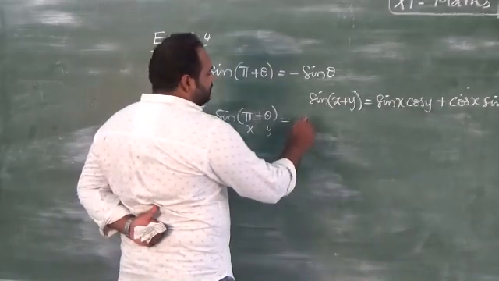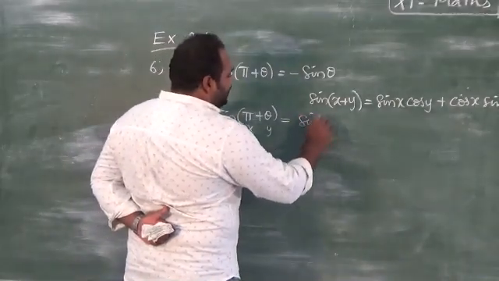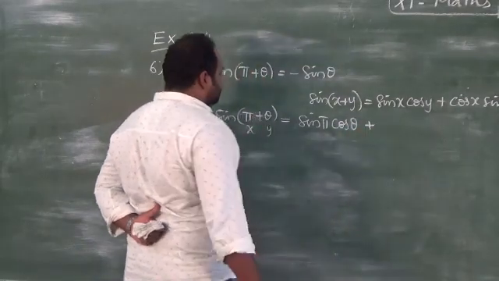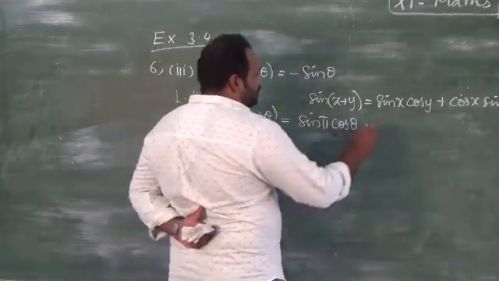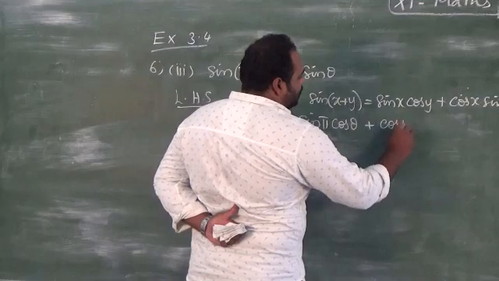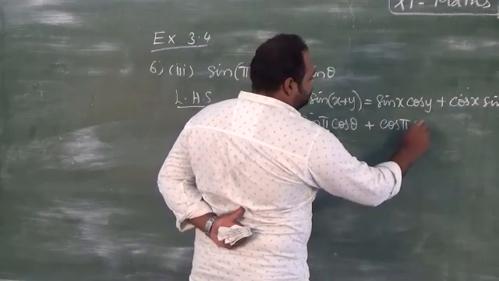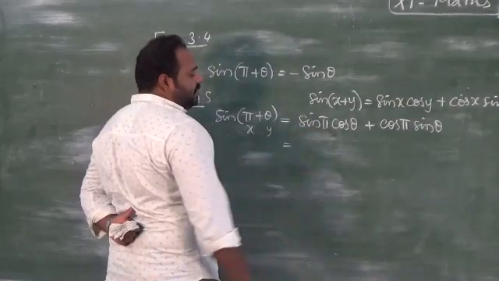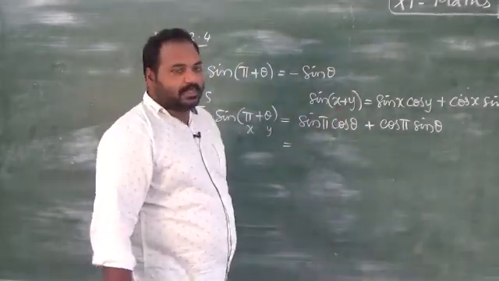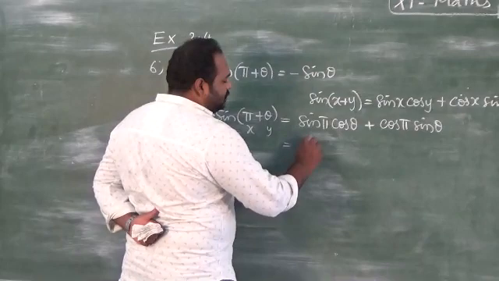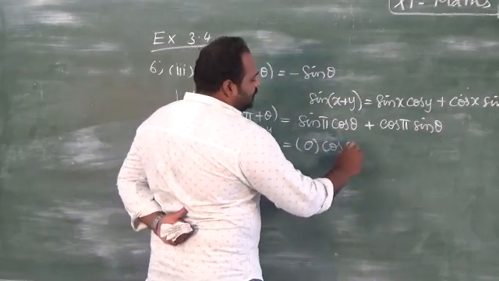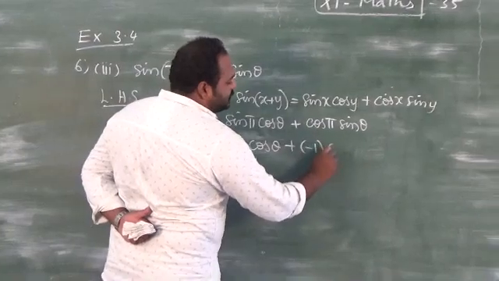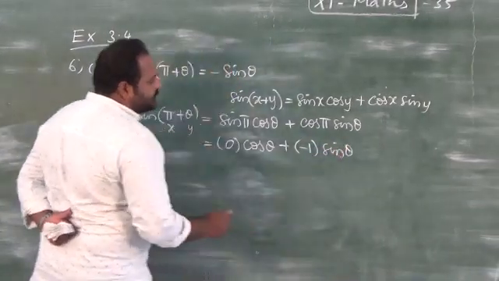So sin x is sin pi cos theta plus cos pi sin theta. Sin pi I already told you in the previous problem. Sin pi is always 0 into cos theta plus cos pi value is minus 1 into sin theta.